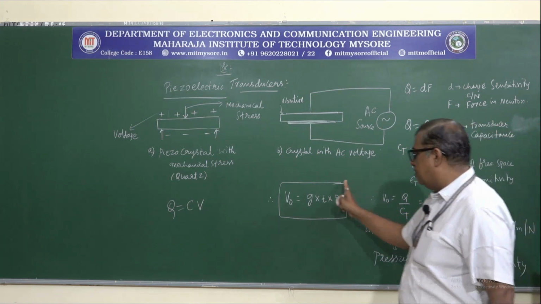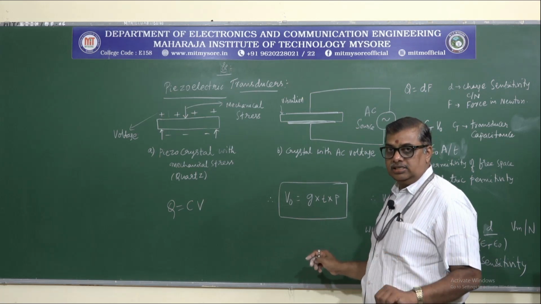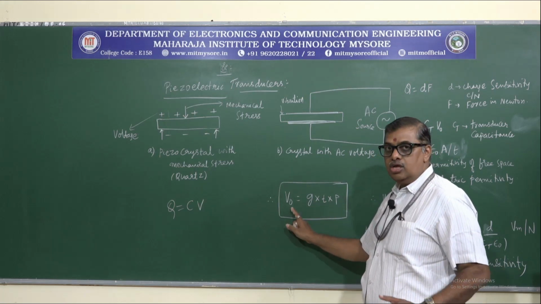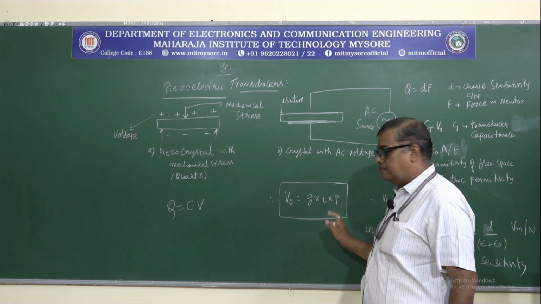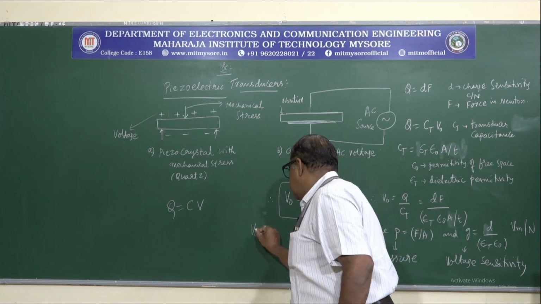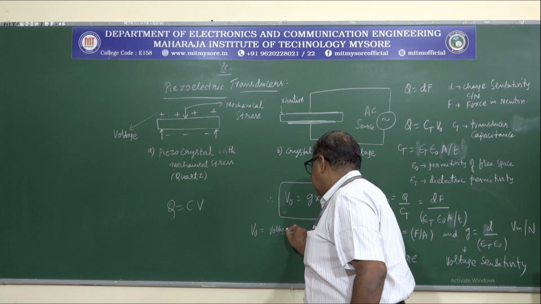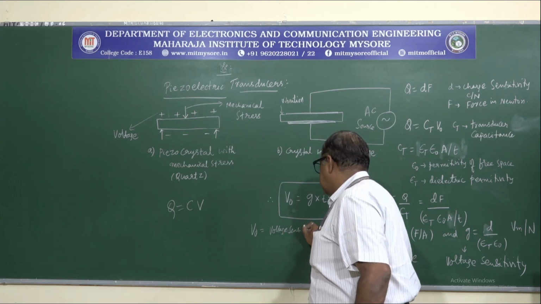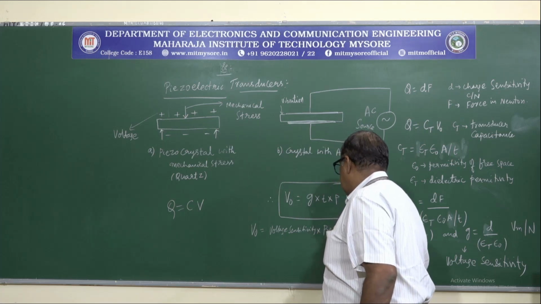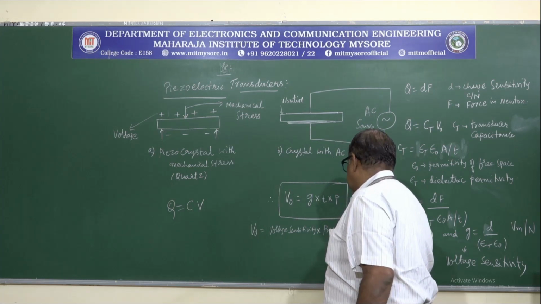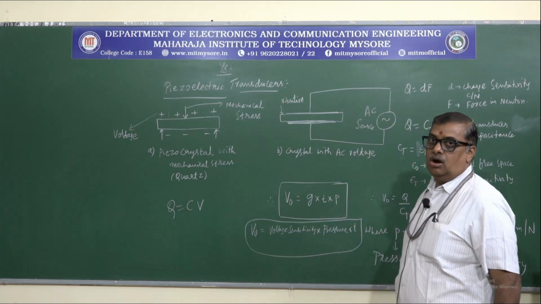So finally, the voltage across the piezoelectric crystal can be calculated using the formula g × t × P, that is V_0 is equal to voltage sensitivity into pressure into thickness. So this is what the equation says.